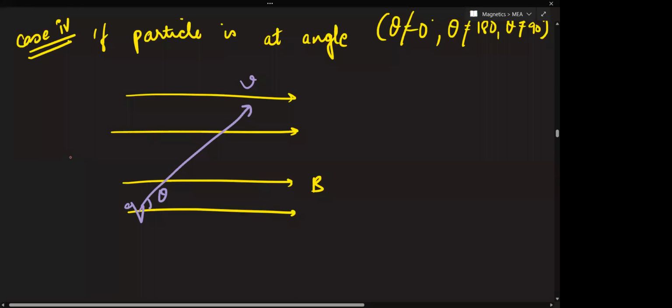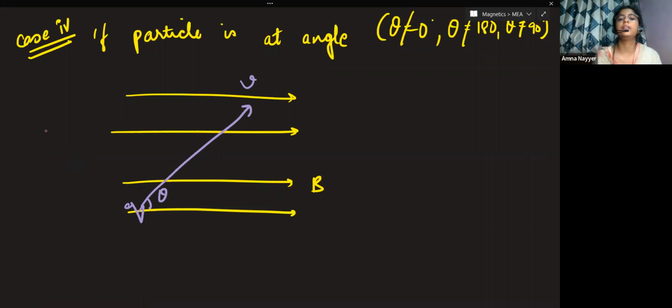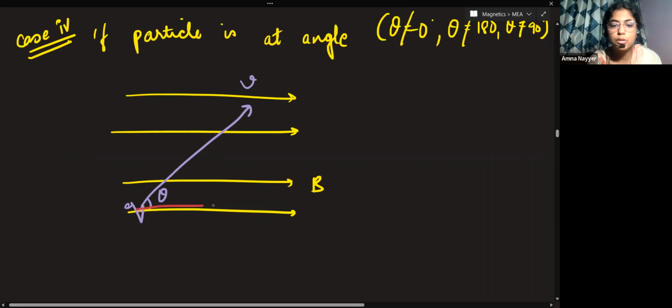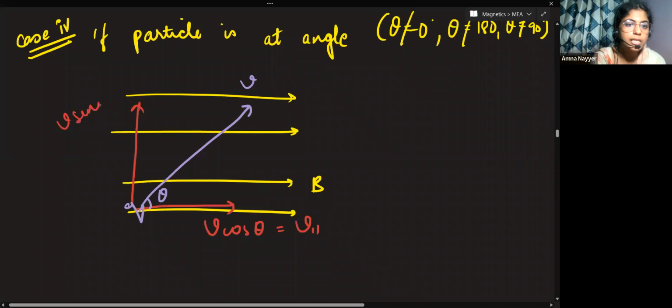Cos, yes, we take cos. So this becomes V cos theta, which is parallel to the magnetic field, so we write it as V parallel. The other one is V sine theta, which is V perpendicular, perpendicular to the magnetic field. We have resolved the components.